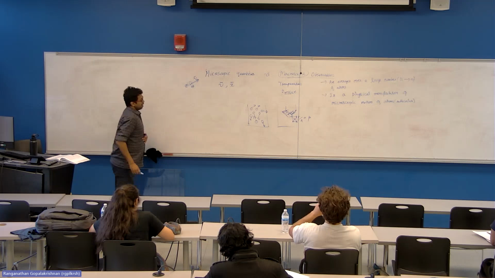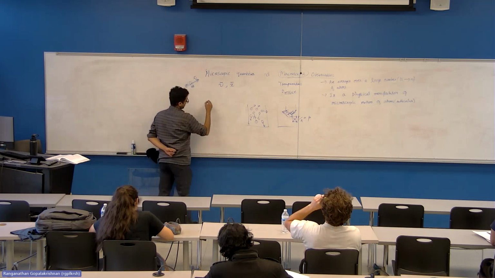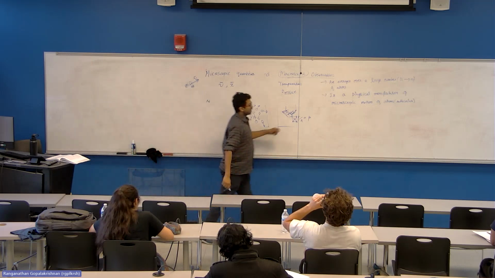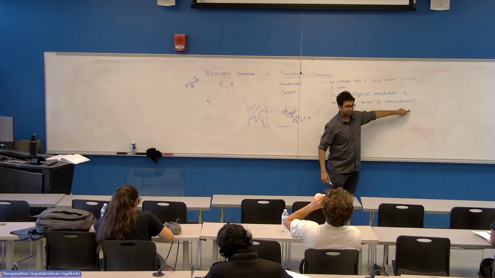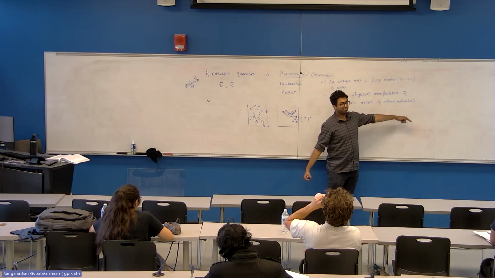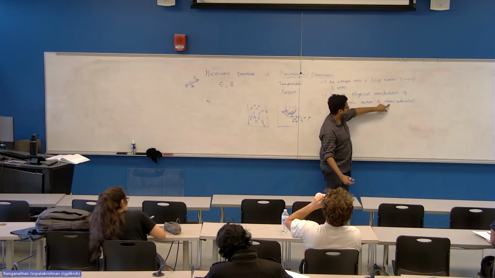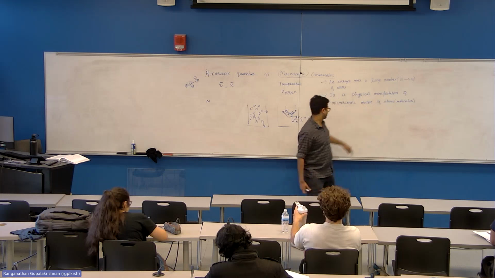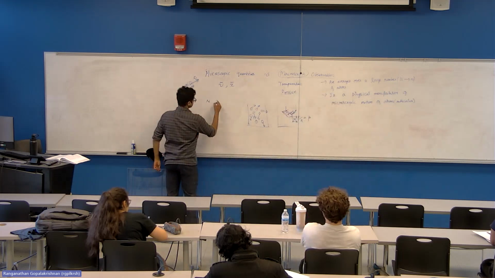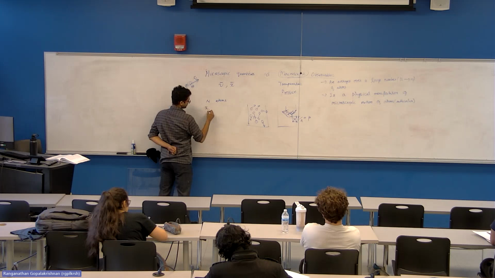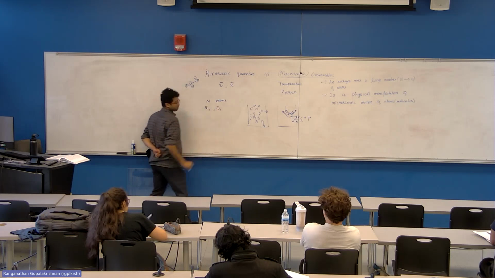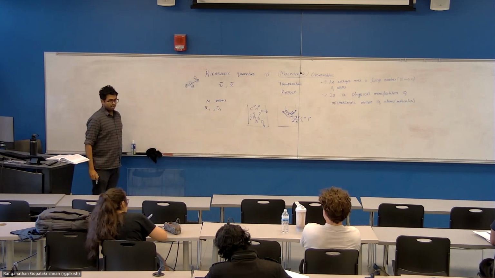Okay? And if we say there are n atoms, I'm just going to use the word atoms, which could also mean molecules. Like I can talk about liquid helium or liquid water. I'm just going to use the word atoms to refer to both. So there are n atoms, and each atom has a position and a velocity. Okay?